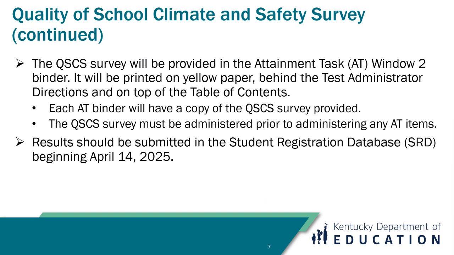The QSCS survey will be provided in the Attainment Task or AT Window 2 binder. It is printed on yellow paper behind the test administrator directions and on top of the table of contents. Each AT binder will have a copy of the QSCS survey provided.